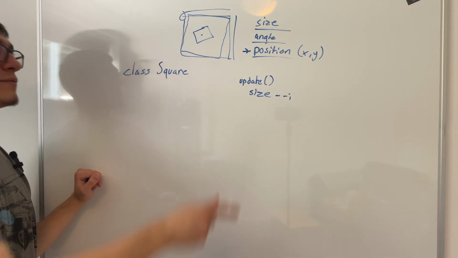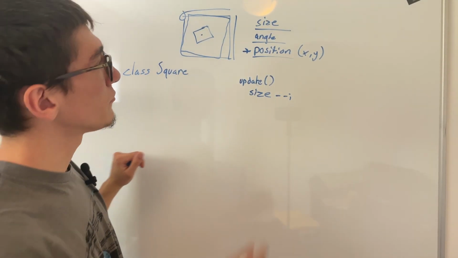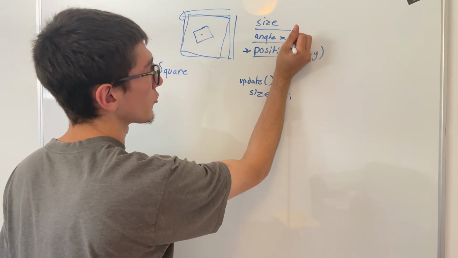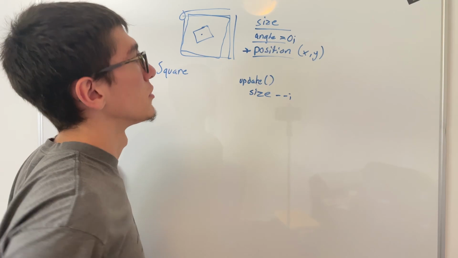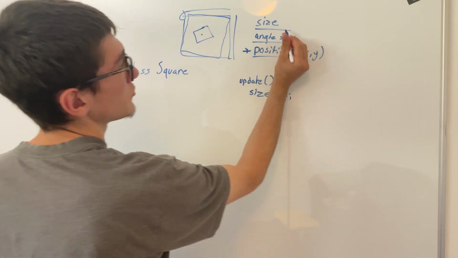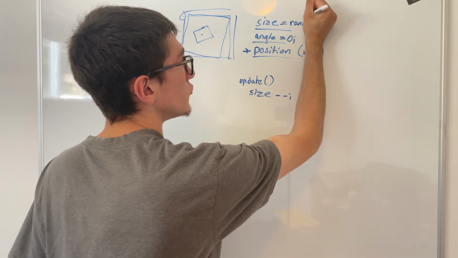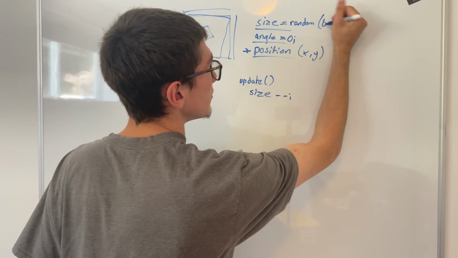Then the angle. We could start it at some value, or we could start at 0. It doesn't really matter. So we could say angle, and this would be, I'm thinking, a random value. And I'll put in parentheses big.